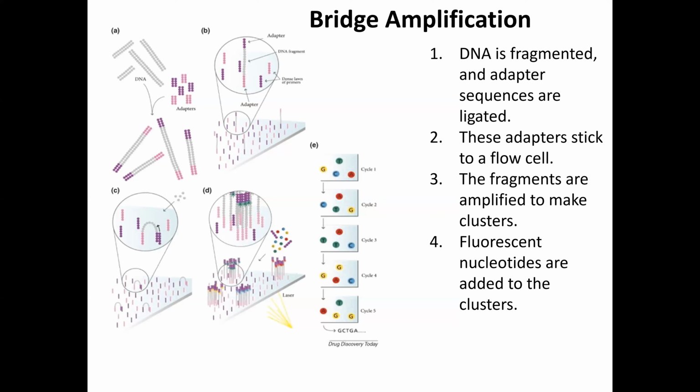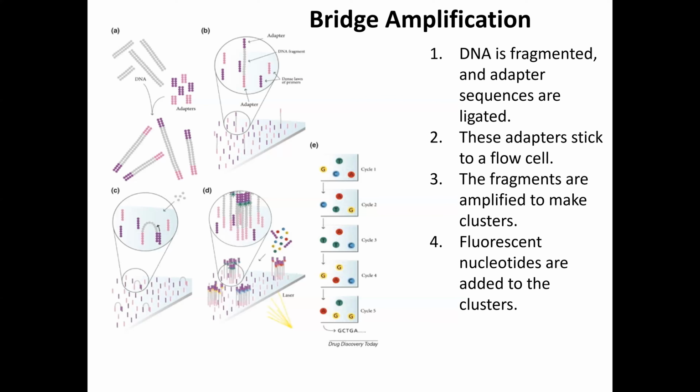First of all, they're all fluorescent, so they're all going to be colored depending on what nucleotide they are. Second of all, they have a property referred to as reversibly terminating. The terminating part means that you can't add anything to it.